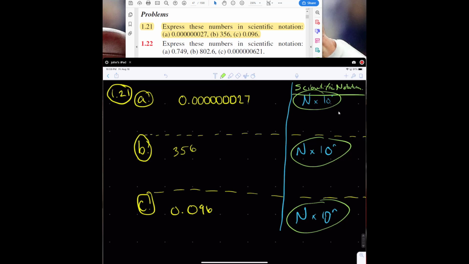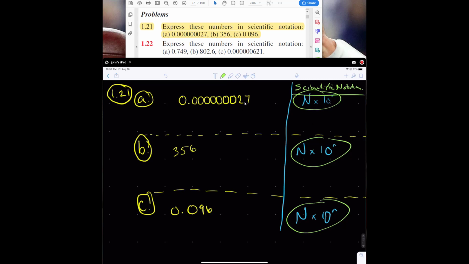Capital N is a number between 1 and 10, and n, the exponent, is a positive or negative integer, a whole number. Any number expressed in this way is said to be written in scientific notation.